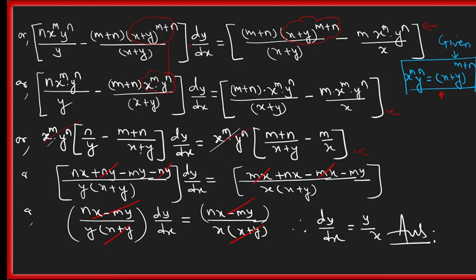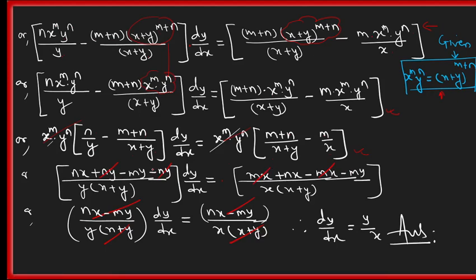So y times x plus y is common here: n x plus n y minus m y minus n y dy by dx equal, here also x times x plus y is common: m x plus m y minus m x minus n x. So these two terms cancel.